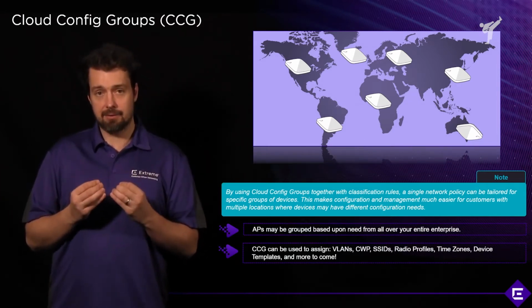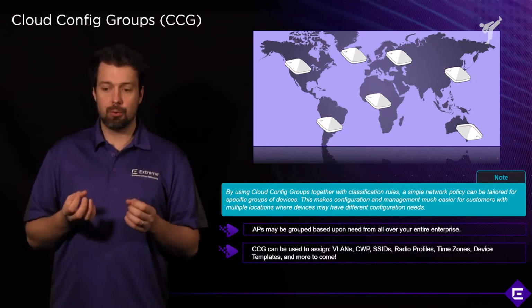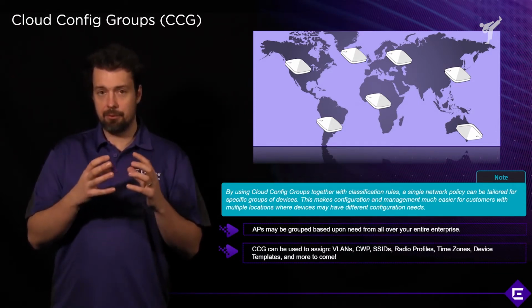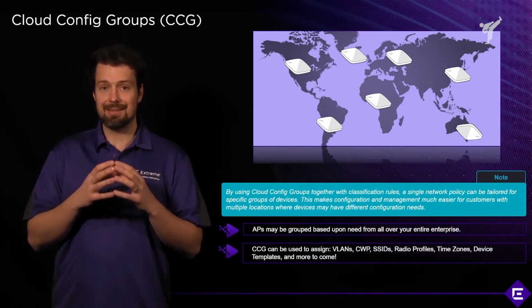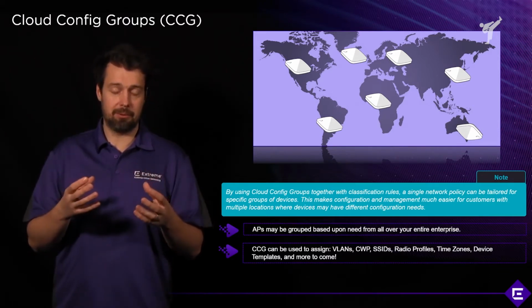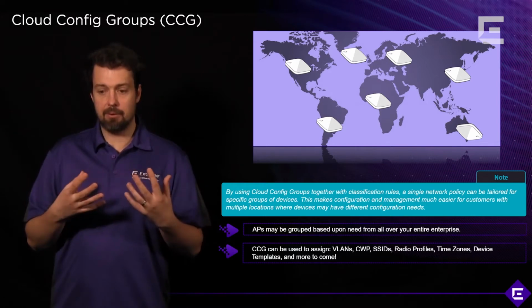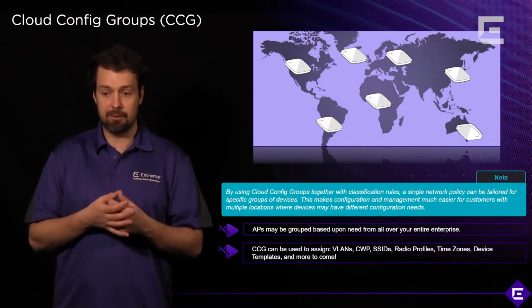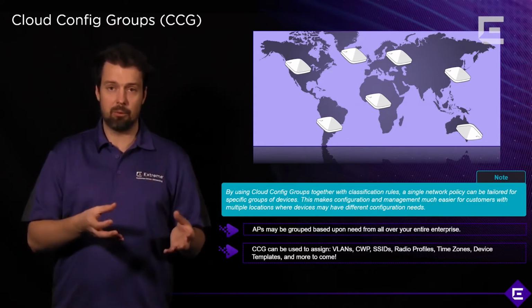But these tags can be used to group APs together, and those APs will be able to reuse the same configuration objects. For example, you would be able to assign captive web portals, SSIDs or radio profiles or device templates to devices within the same group.